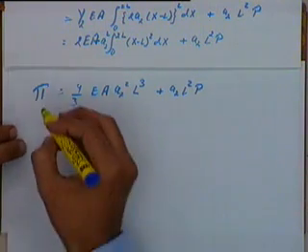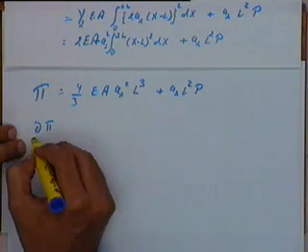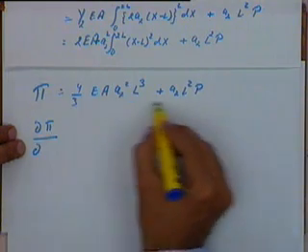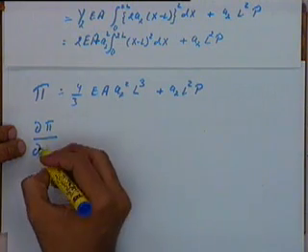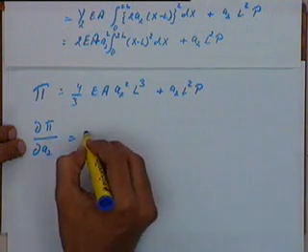Okay. Now we will say del pi by del A2, since the only parameter we have here is A2, should be equal to 0.